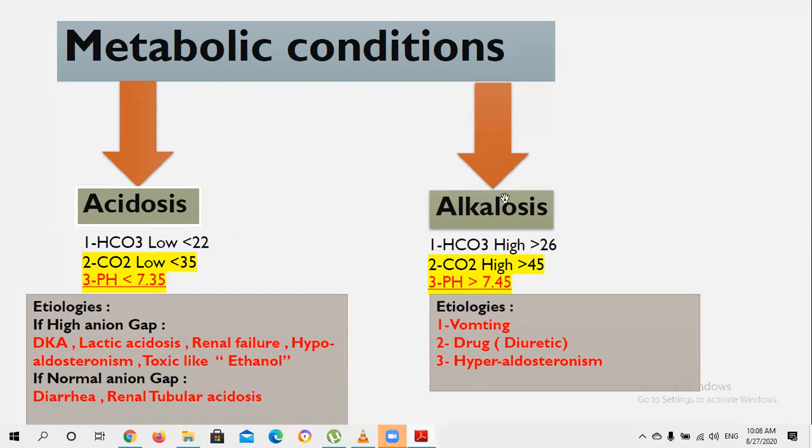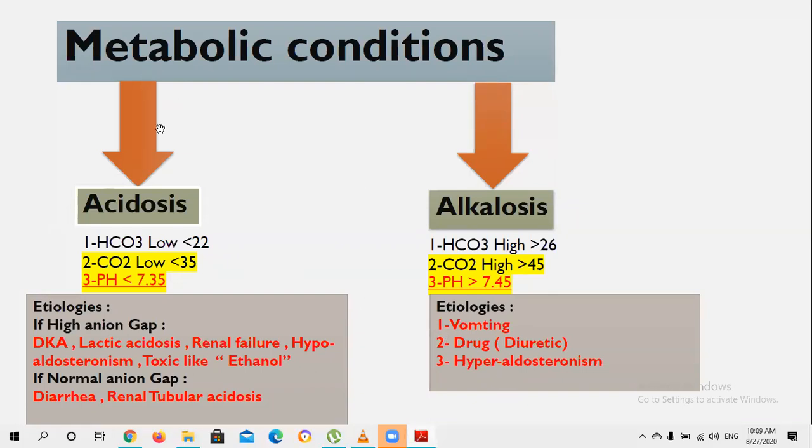What about metabolic alkalosis? You're going to look first at the pH, you will find it's alkalotic, more than 7.45, and then you go next to carbon dioxide. You will find it high, more than 45. So pH and then carbon dioxide. What is the etiology of metabolic alkalosis? We have vomiting, drugs like diuretics, and hyperaldosteronism.